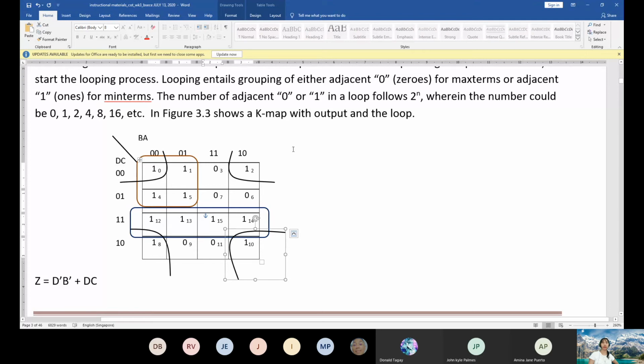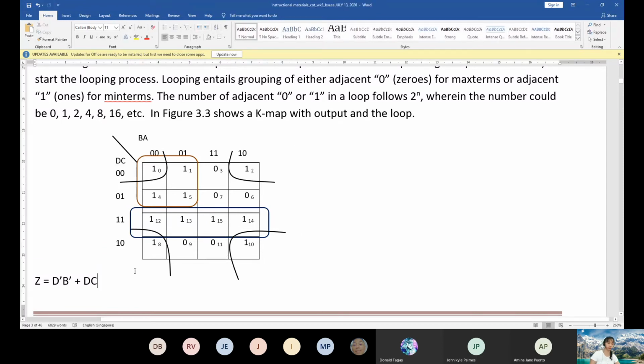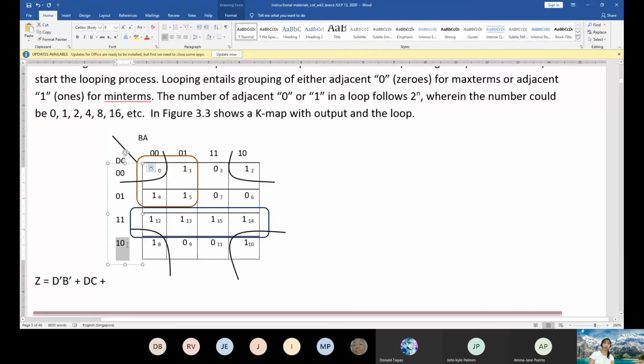Shall we proceed with the third loop? Shall we, class? Yes po. So for the black loop, with respect to DC, we have 0, 0 and 1, 0.